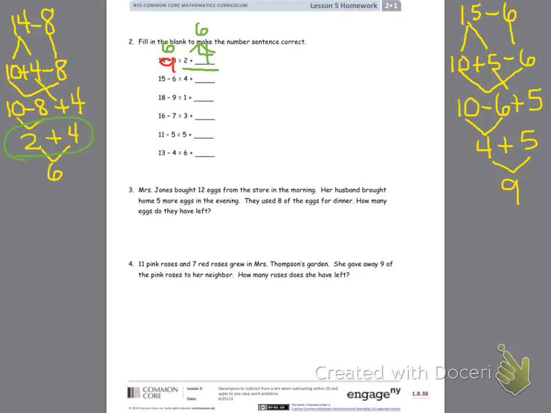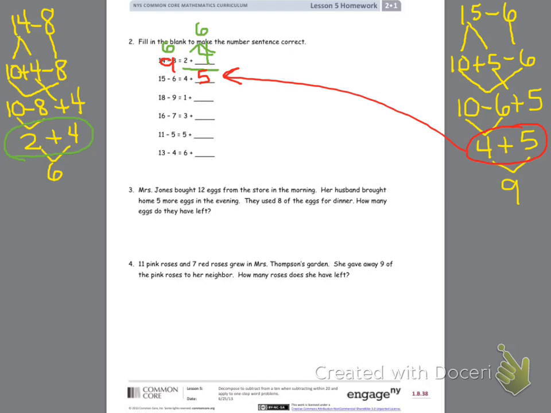I can see 4 plus 5. 15 minus 6 is the same as 4 plus 5. Now, 15 minus 6 is 9, and 4 plus 5 is 9. Both sides of the equal sign are equivalent. The remaining 4 problems can be done the very same way, and if you need more room to show your work, use the back side of the paper.